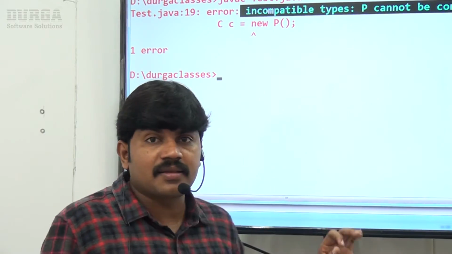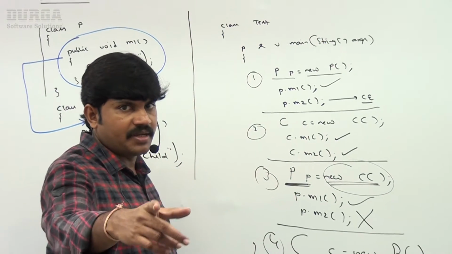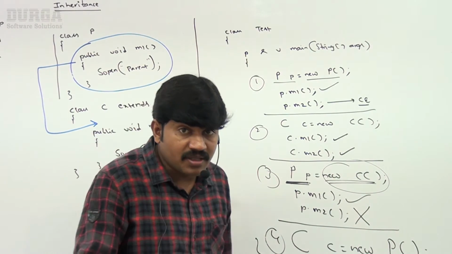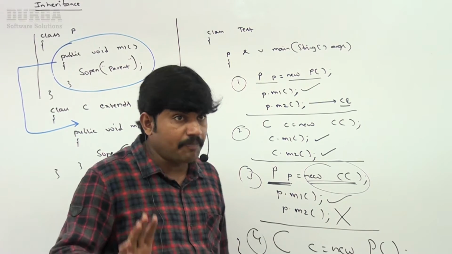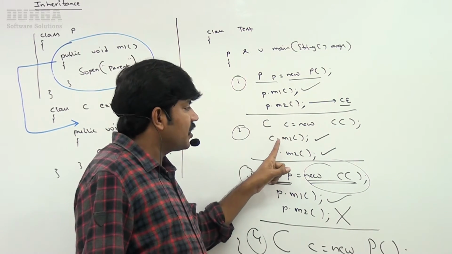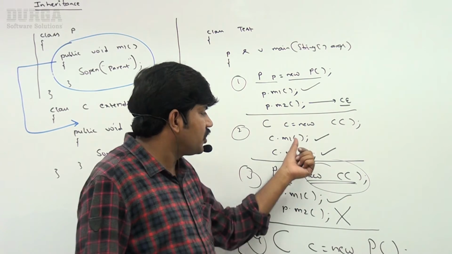So these are the things you should be aware of. Let me repeat. Sir, first, point number 1. Whatever methods are available in the parent class are by default available to the child class. But whatever methods are available in the child class are by default not available to the parent. On the parent reference, you can't call child specific methods. But on the child reference, you can call both methods available in the parent and child classes.